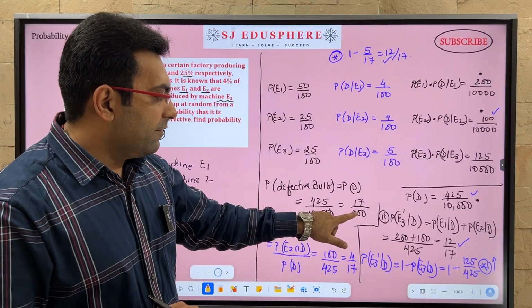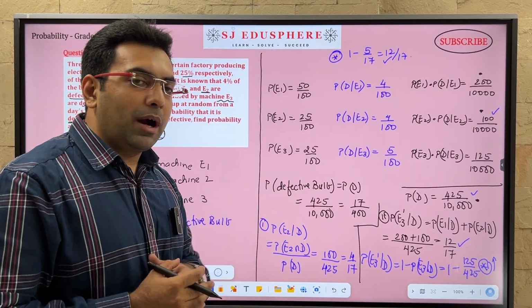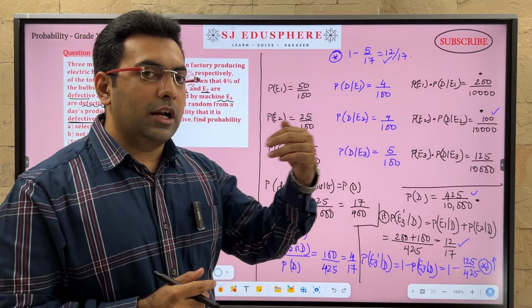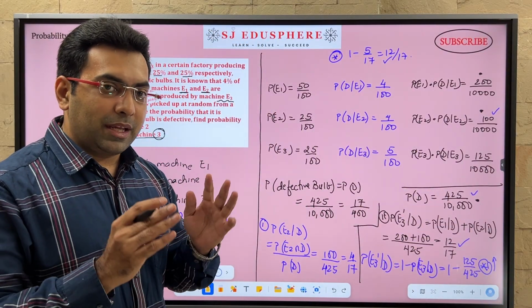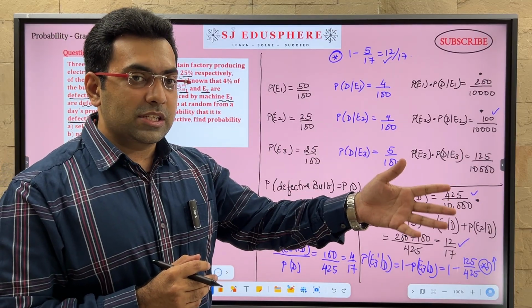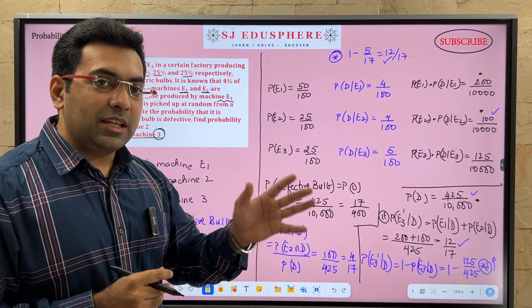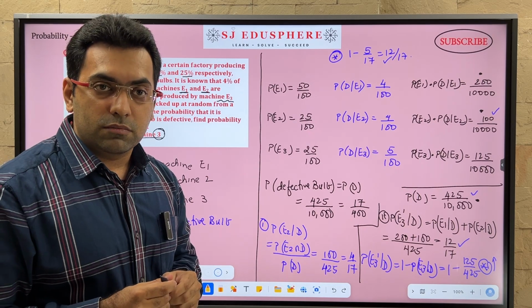Means for every 400 bulbs that your company makes, 17 bulbs are defective. That means when you sell 400 bulbs, 17 are coming back in your replacement. That means you have to return 17 free bulbs to your supplier or to your clients. That means 383 is which is giving you an income, 17 is a pure loss.